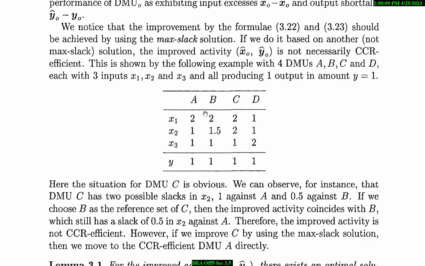So if we choose B as the reference set, as you can compare B with A, you can see that B is not efficient. But if we use the max slack, the solution would be A, that is CCR efficient.